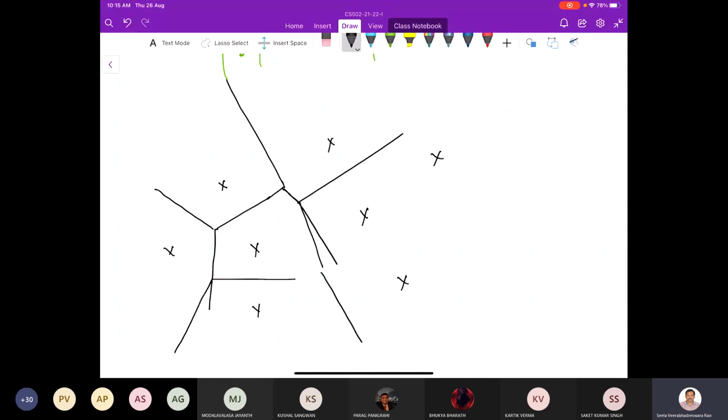Yeah, it's becoming a little complicated here. There may be a bisector between these two. And the bisector will be something like this between them.